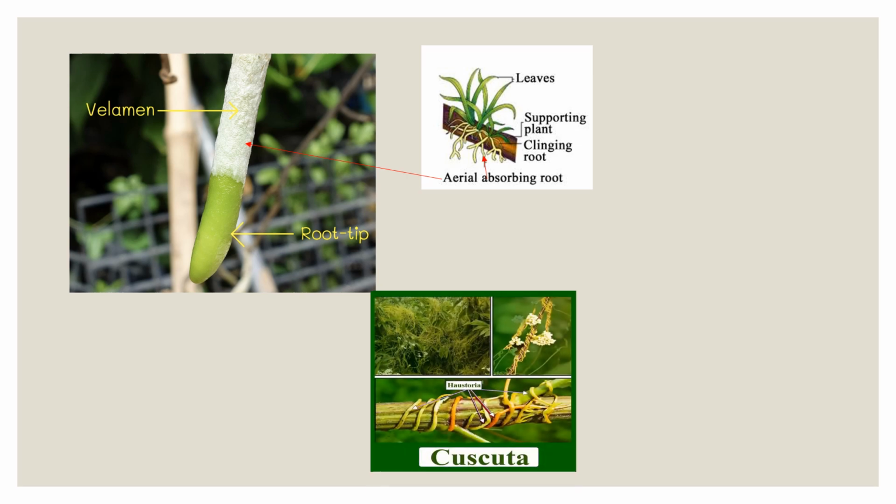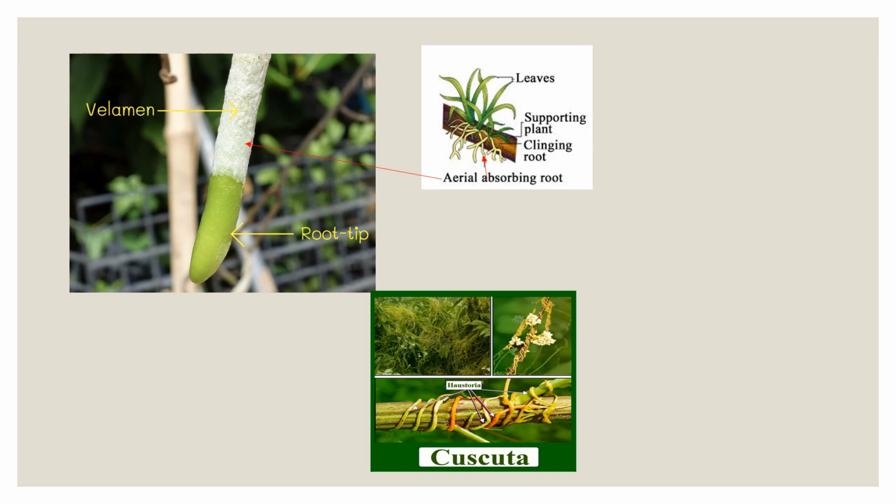Also here we have sucking roots. For example, this plant is Cuscuta. This plant Cuscuta has sucking roots, also called haustoria. This stem, as you see, this large stem, is of another plant called the host.